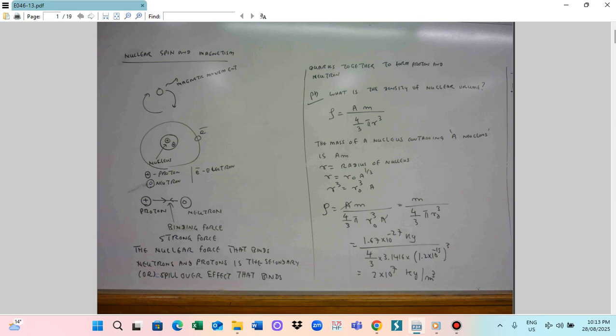This is the mass of the nucleon divided by 4/3 π R0 cubed.